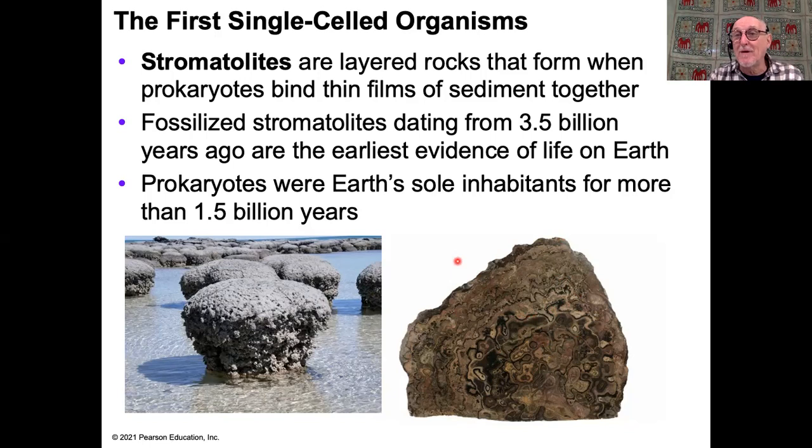So for the first 1.5 billion years, the only things present on the planet were prokaryotes, but they occasioned two of the great life revolutions that took place. The first was simply by their formation, because these were living organisms.